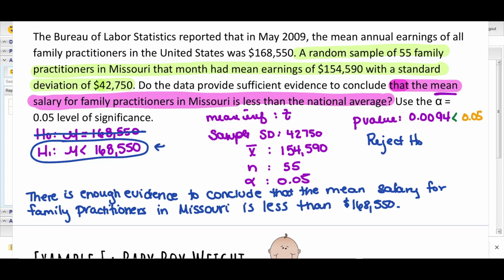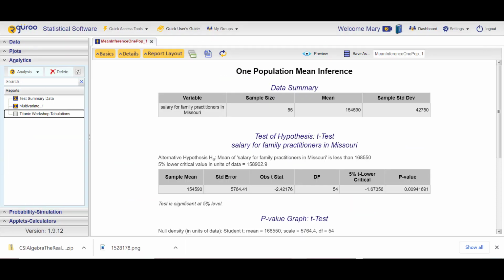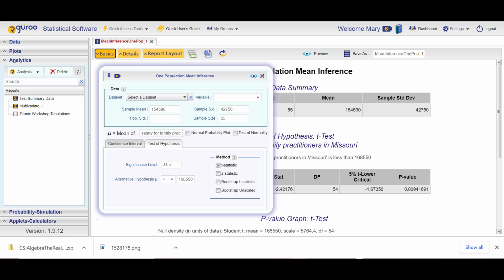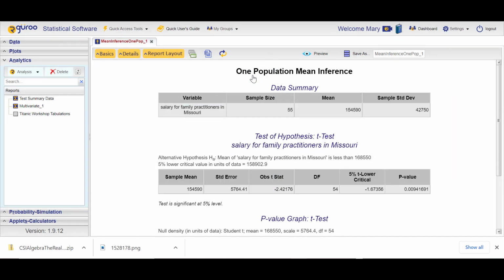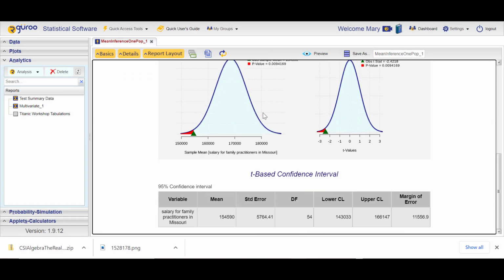It's up to you. Real quick, I'm going to go back to the basics box, and I want to click on confidence interval and do a 95% confidence interval to see if it agrees. Don't forget to click T statistic. Oops. And preview. And then the confidence interval will be at the bottom here.